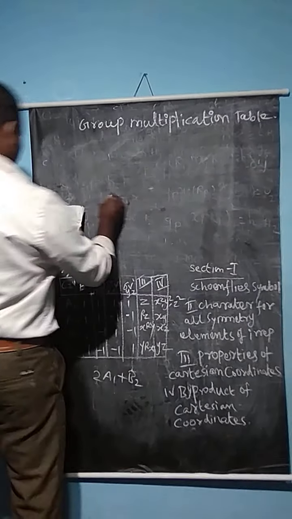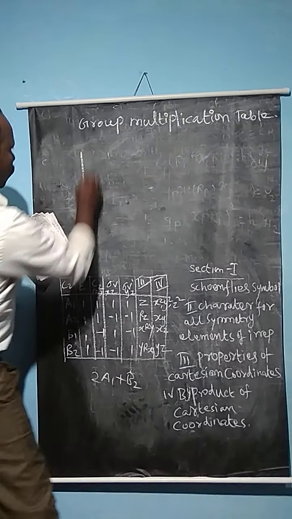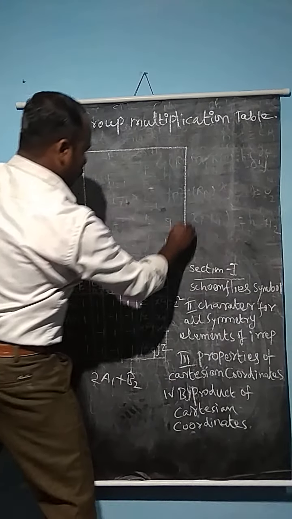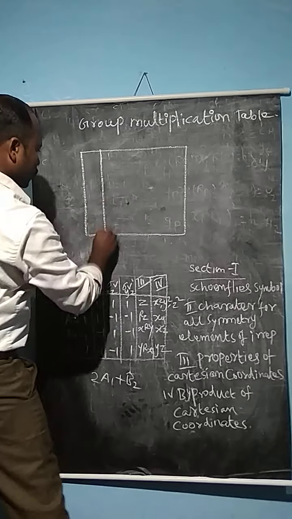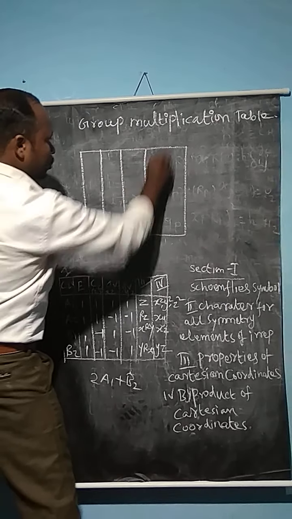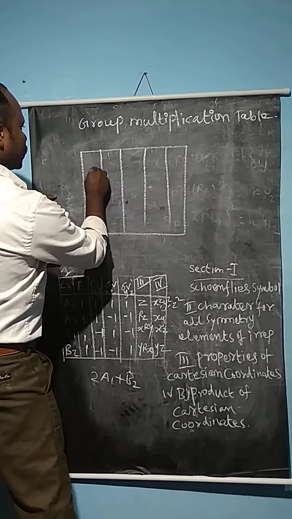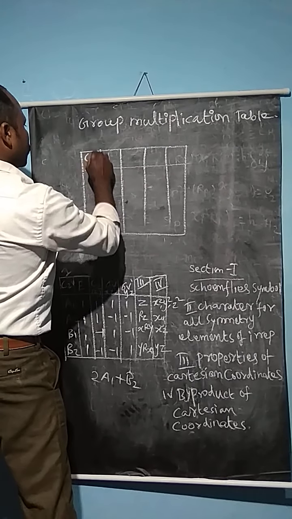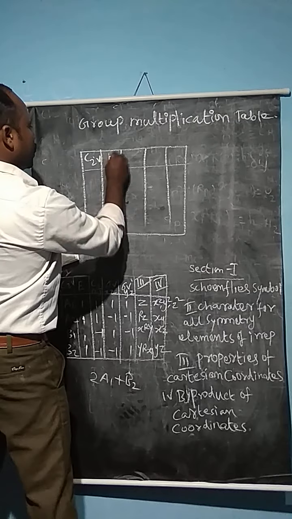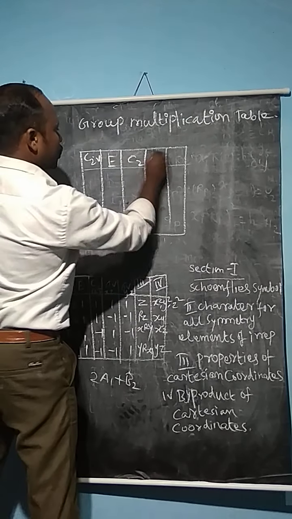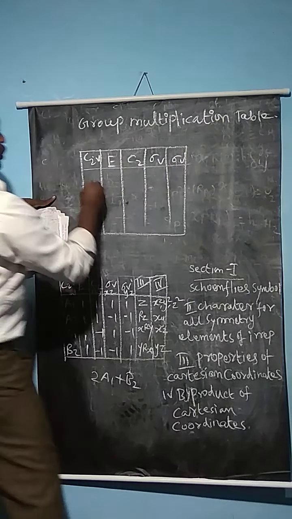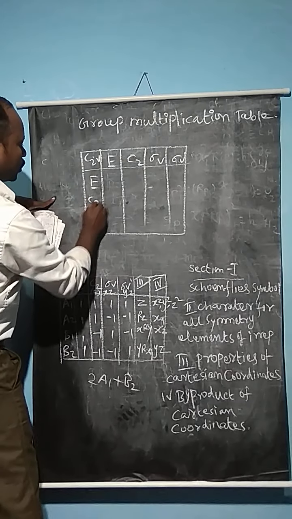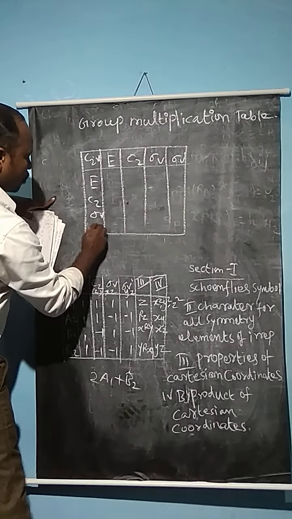Group multiplication table. Here there are 4 symmetry elements, E, C2, sigma v, sigma v dash. For the C2v water molecule: E, C2, sigma v and sigma v dash along the rows and columns.